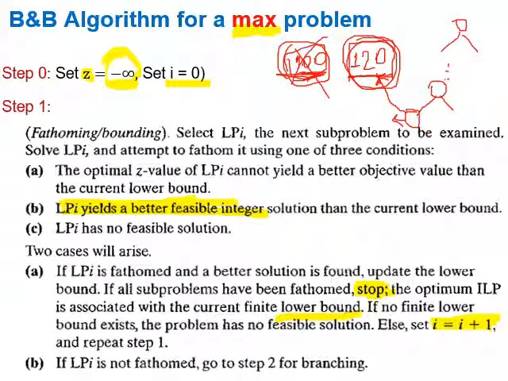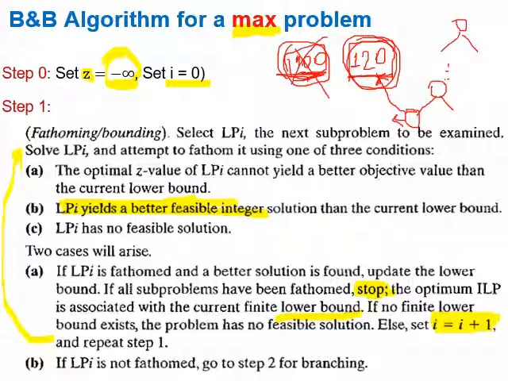Then we increase the index by 1. If it is 0, we increase it to 1. If it is 1, we increase it to 2. Then go back and repeat step 1 again.